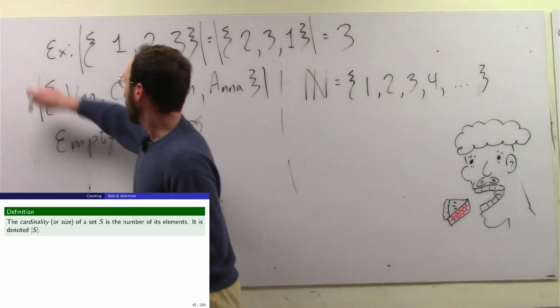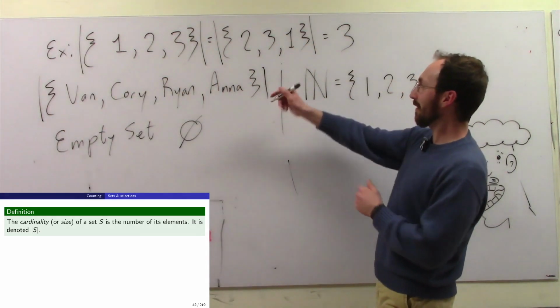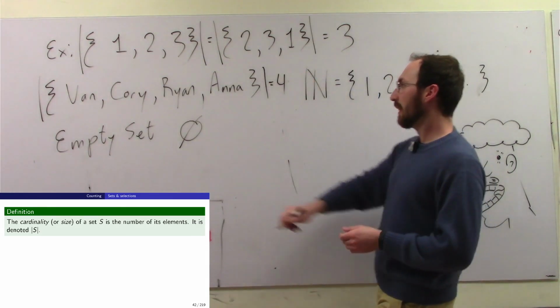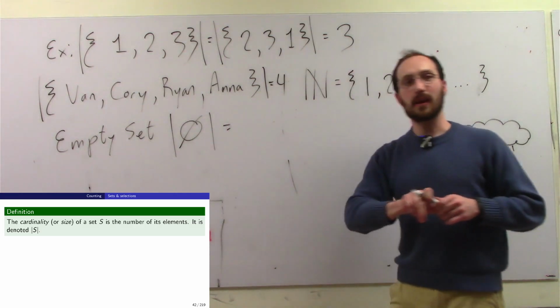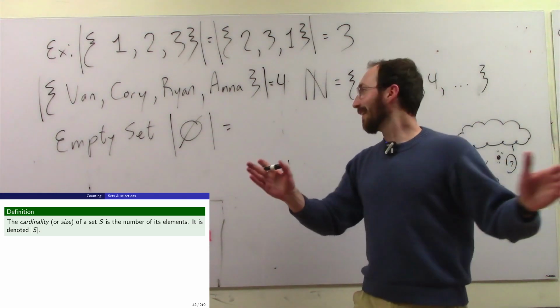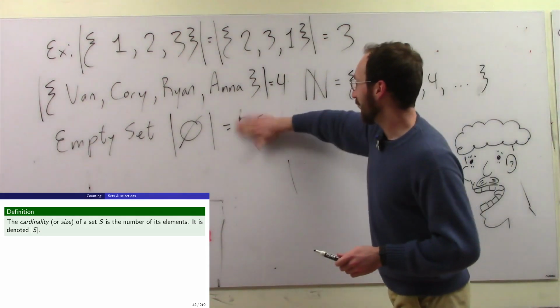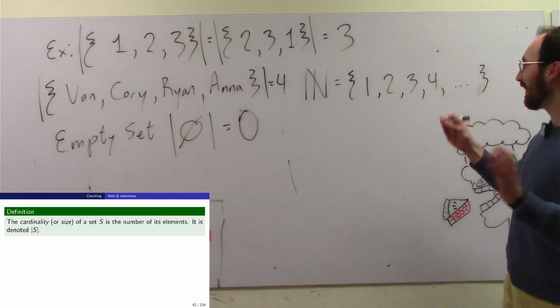Similarly, we just count how many things there are, and we get our cardinality. Here there's 4. The empty set, what do we think the cardinality of the empty set is? Pi. Perfect. No. It is 0. There's nothing there.